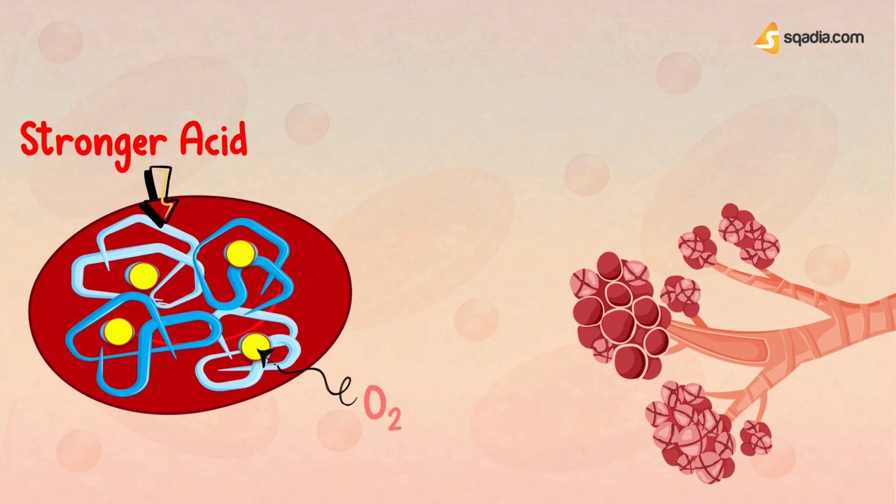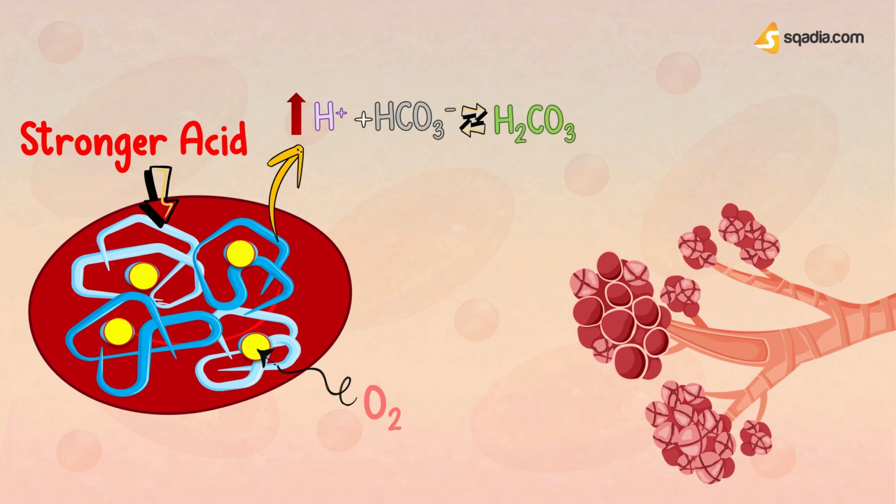Because of the increased acidity of the hemoglobin, it releases an excess of hydrogen ions. These hydrogen ions bind with bicarbonate ions to form carbonic acid. This carbonic acid, in turn, dissociates into water and carbon dioxide.